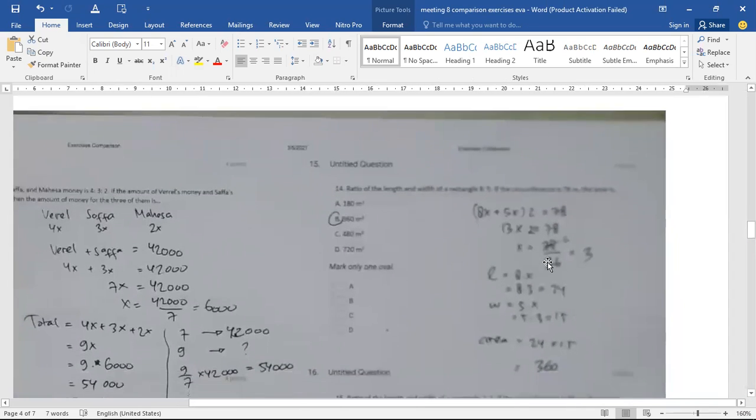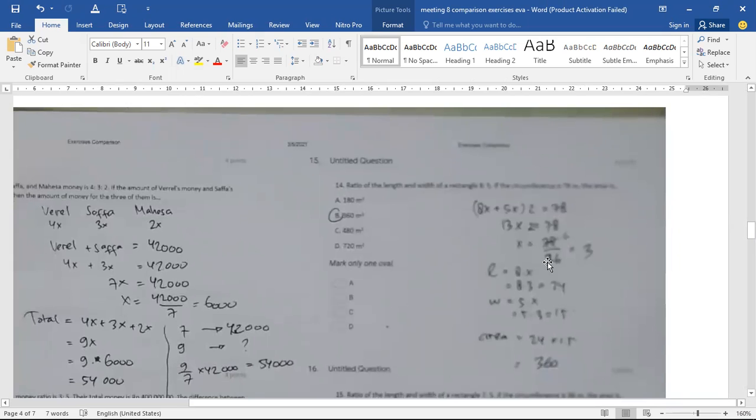Next, number 14. It is about length and width of a rectangle. The requirement here, you have to know that the circumference of a rectangle is length plus width times 2. So you can write it 8x plus 5x times 2 is 78. 8 plus 5 is 13, times 2 is 26x.